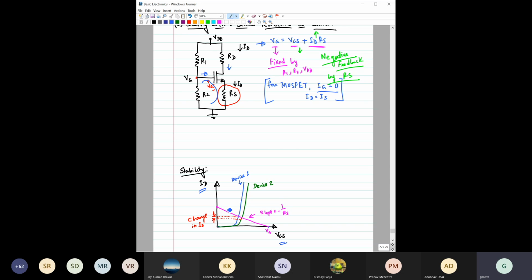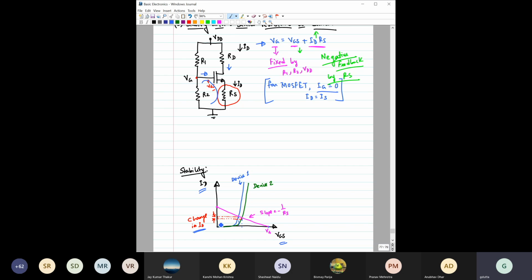So when you get this slope, then you see that even if this transistor is replaced by this transistor, there will be a small change in this VGS, right? VGS will change, but the resultant change in ID would be much smaller compared to the previous case where we do not have this RS, right?